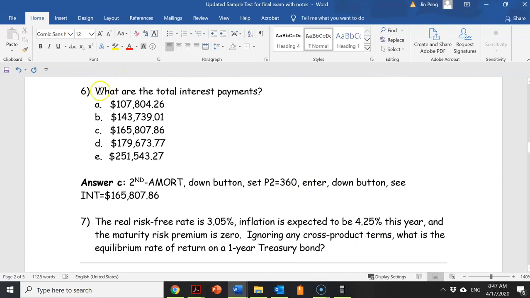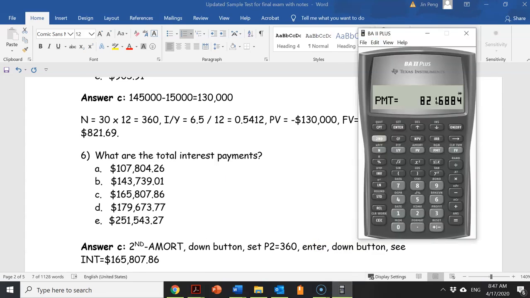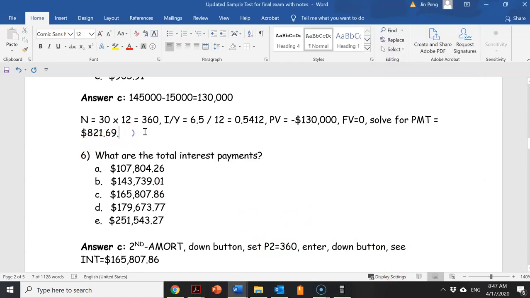Question 6, what are the total interest payments? Okay, so here we know the monthly payment for 360 months is 821.69 for each month.